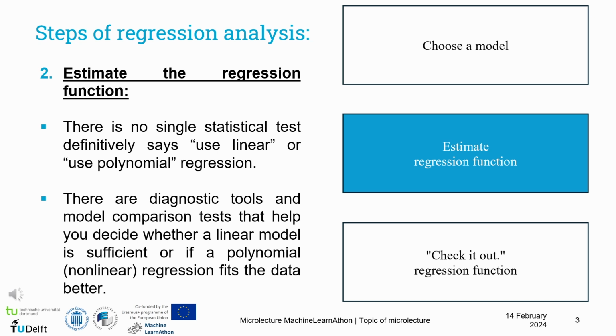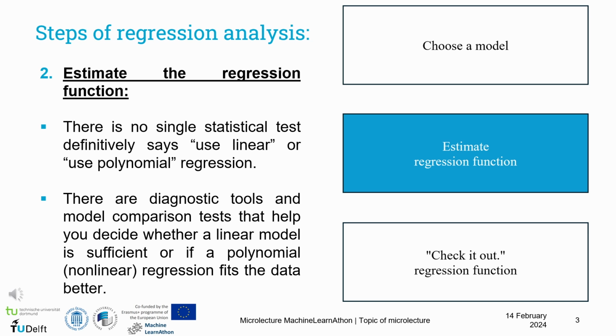For example, if a scatter plot of your data or the residuals reveals a clear curve or pattern, that's a strong hint that linearity might not hold. Similarly, if a polynomial model explains significantly more variance with only a small increase in complexity, it might be worth using.